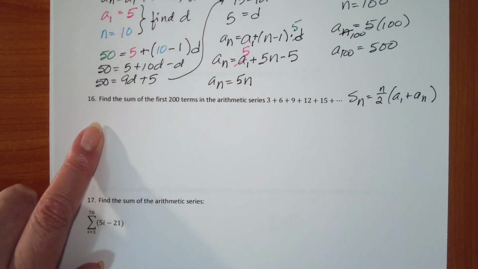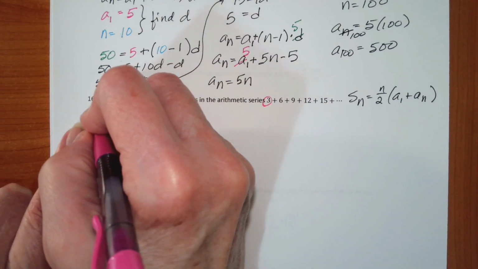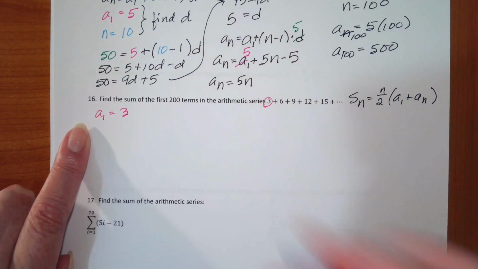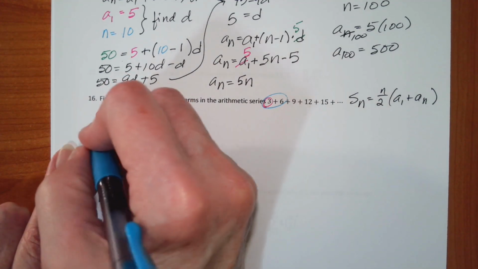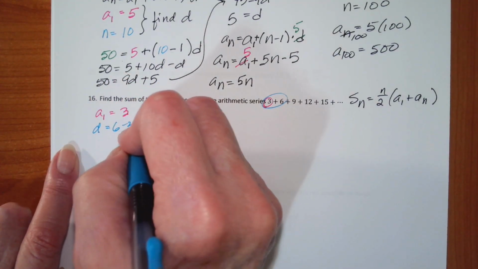Let's see what it gives me here. It gives me that a sub 1 is equal to 3. If I use these as my terms, d is equal to 6 minus 3, which is 3.